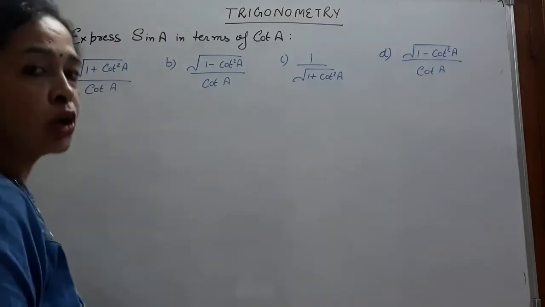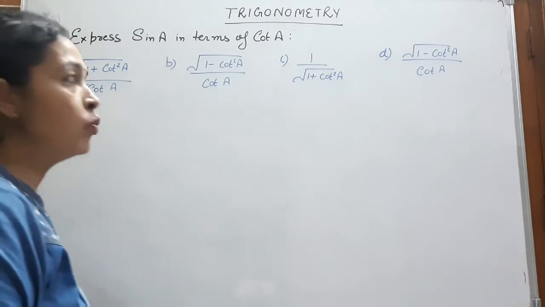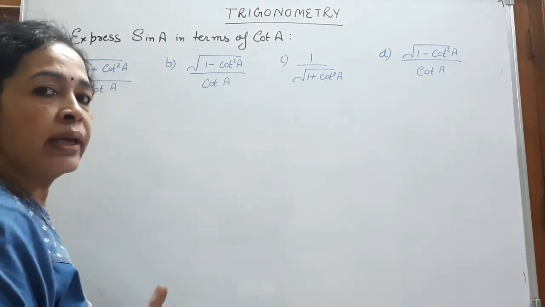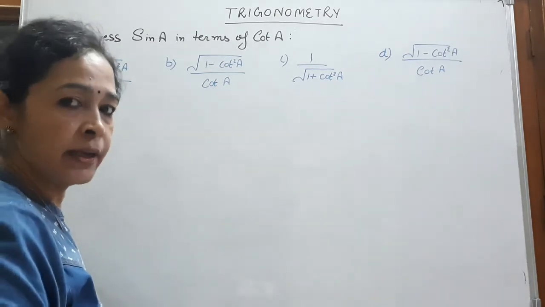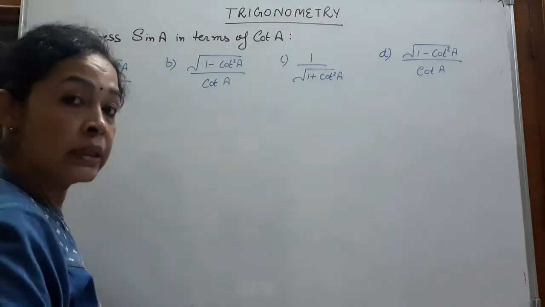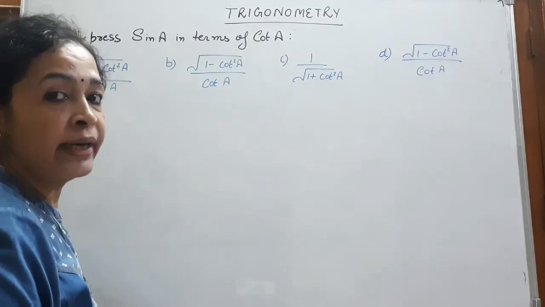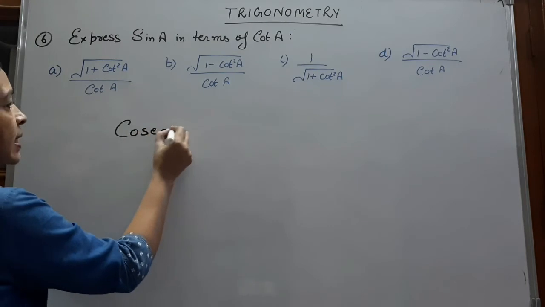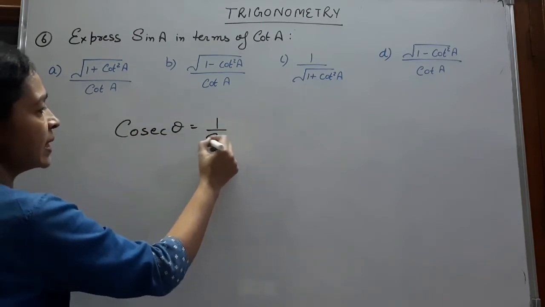Sin A in terms of cot A. Do we have any relation in sin and cot? We know cot A equals cos A upon sin A. But there is a relation between cot and cosec. And what is cosec? Cosec theta can be written as 1 by sin theta.